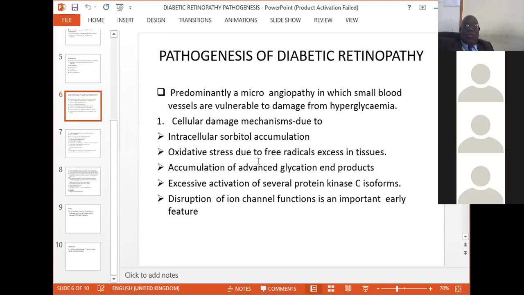Oxidative stress due to excess free radicals in tissues, and accumulation of advanced glycation end products, these end products in the metabolism of the sugars. Excessive activation of several protein kinases, protein kinase C isoforms, and disruption of ion channel function are important early features.